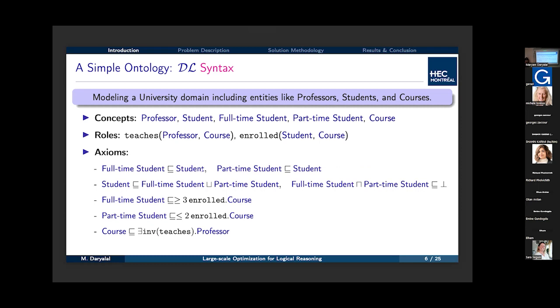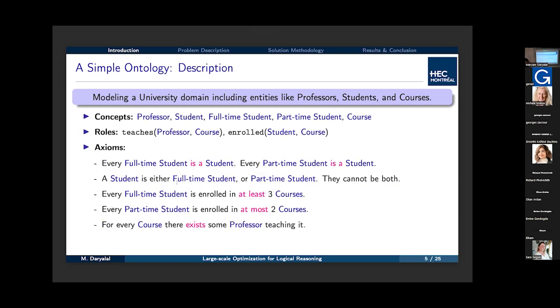As you see, it's exactly like a subset, but because the meaning is not exactly the same, we're using this square subset operator. And part-time student is subsumed by student. Now a machine understands that this concept belongs to another concept.